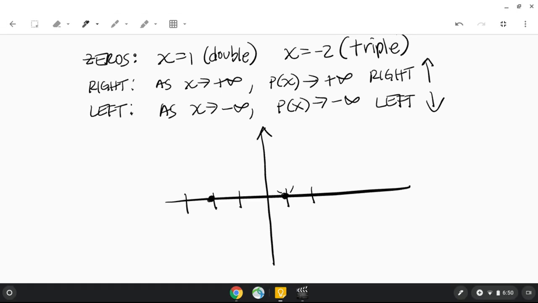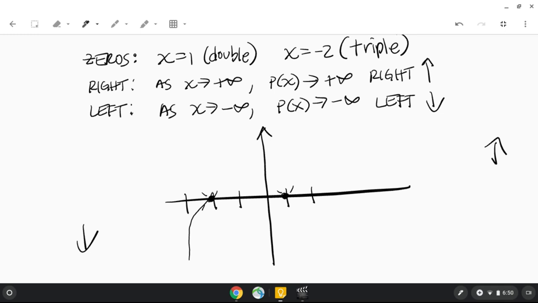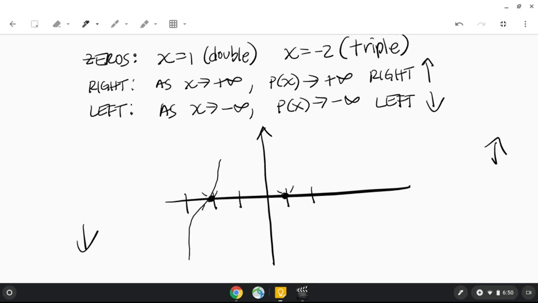My left-hand behavior should be down. My right-hand behavior should be up. So this one is my triple. Here it's going to behave like x cubed at this 0, and then eventually turn around at some point.